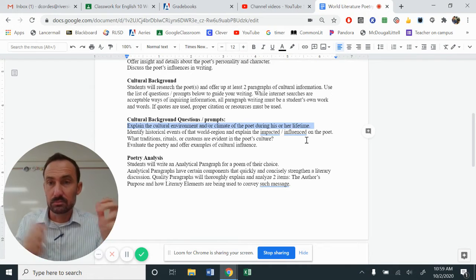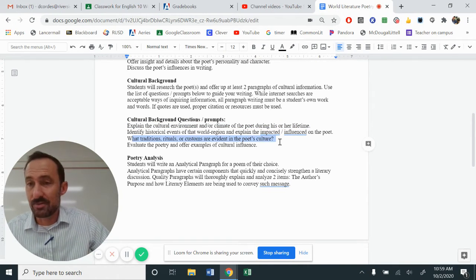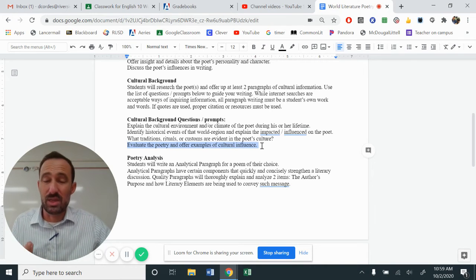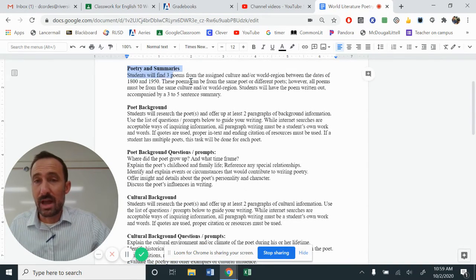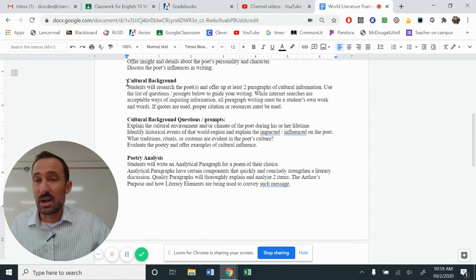What's going on there? Okay. What traditions, rituals, customs are evident in the poet's culture? Okay. Evaluate the poetry and offer examples of cultural influence. So where do you see that within your poems? So looking back at what the poems actually present, they are presenting something very specific because of the place that they come from.